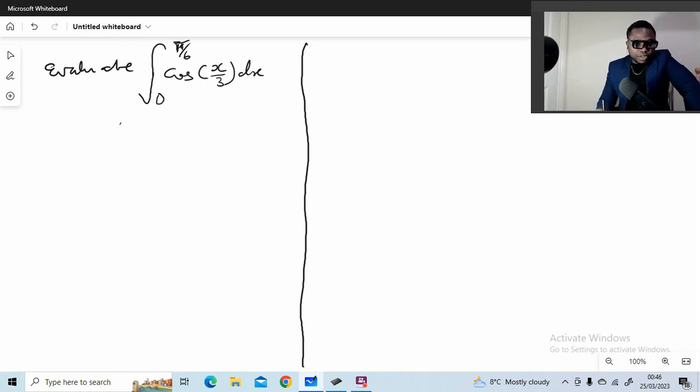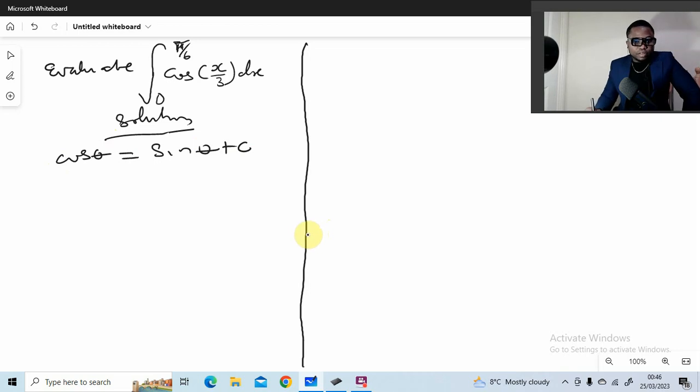But before that, I'm going to write the solution. Always remember that if you're integrating cos theta, you're going to get sine theta plus constant. That is the law.